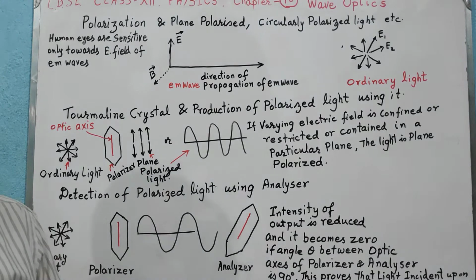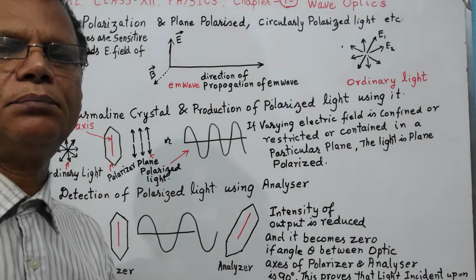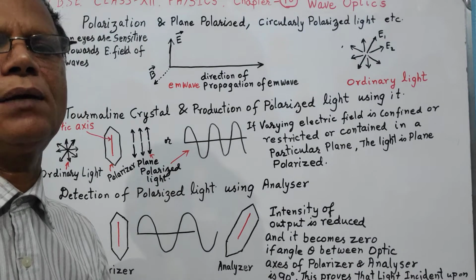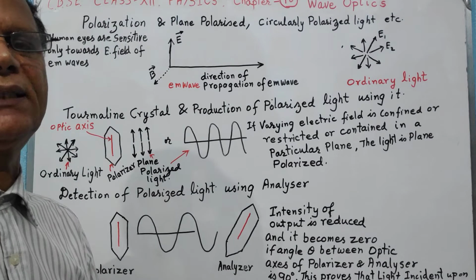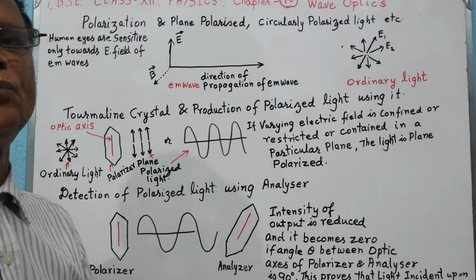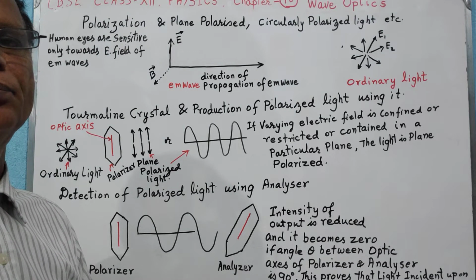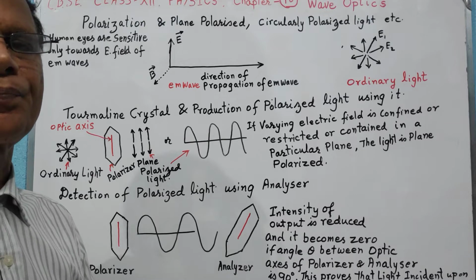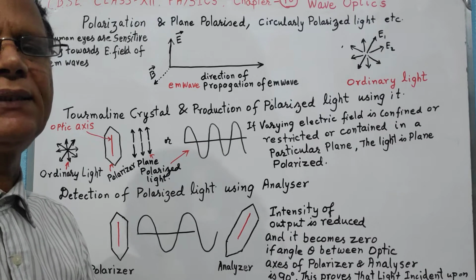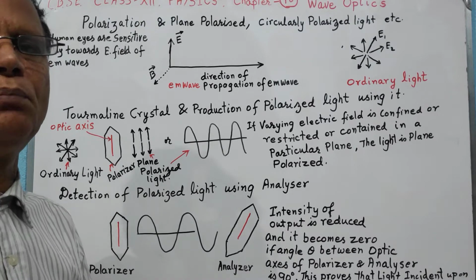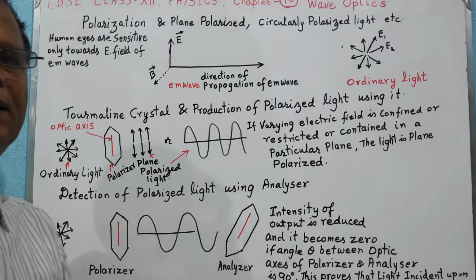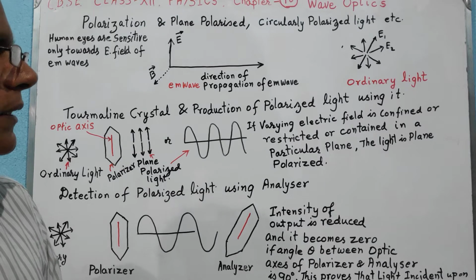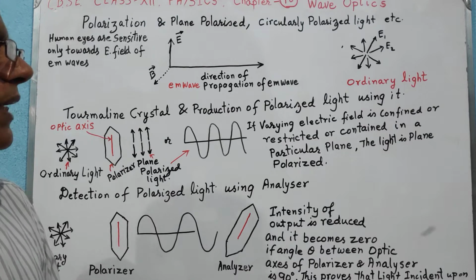Now we can have other types of polarized light, say circularly polarized light and elliptically polarized light. In those cases we have two different electric fields, and they superimpose to produce circularly polarized light. How does this happen? Let us understand it.